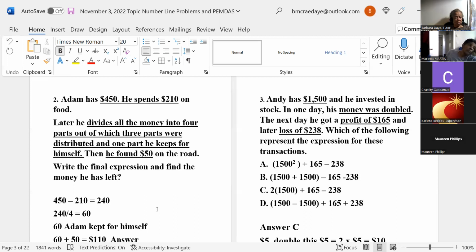Okay, so if he had 240, let's just put it here. Now he gave away 3 parts. So minus, what, Maureen? What's the 3 parts equal to?